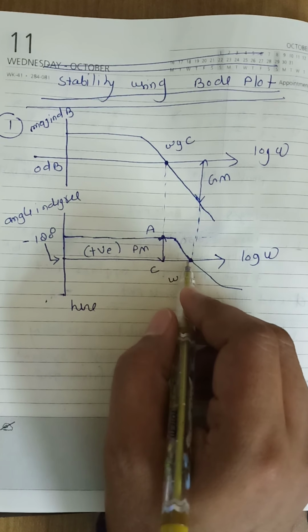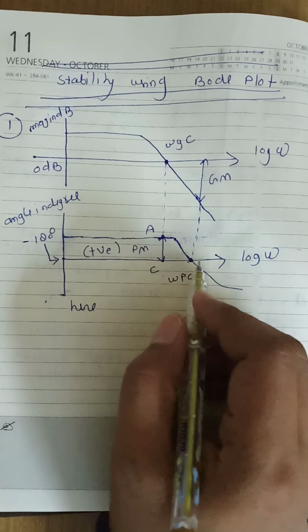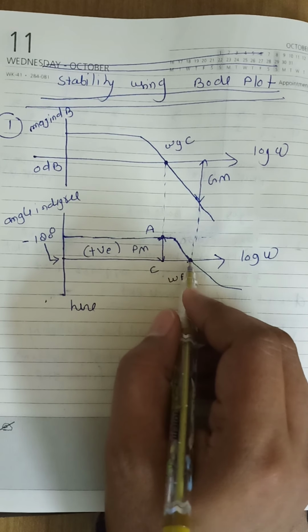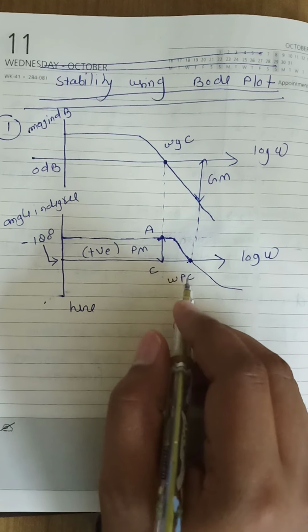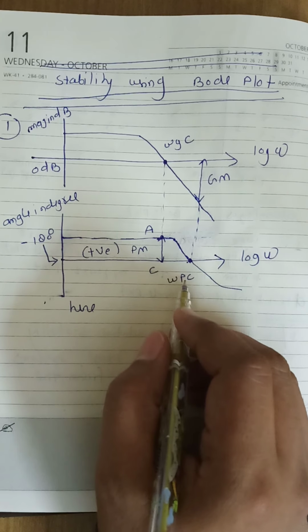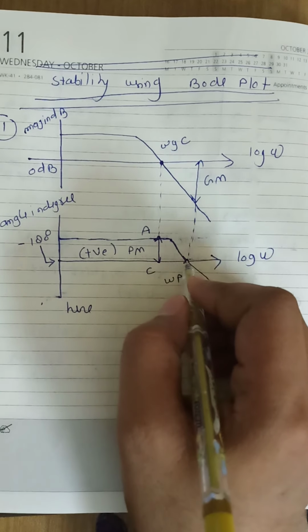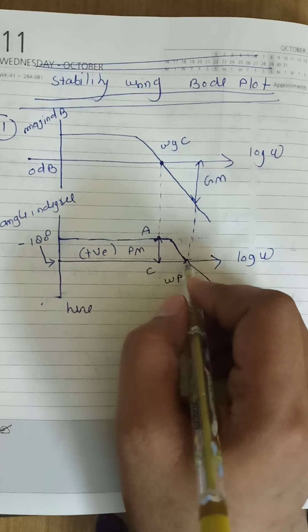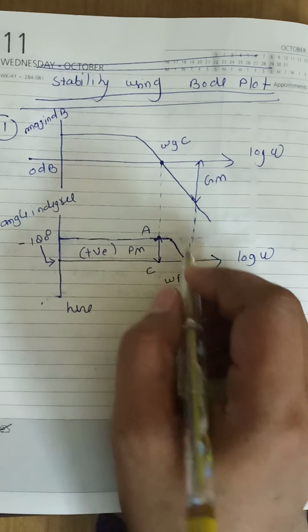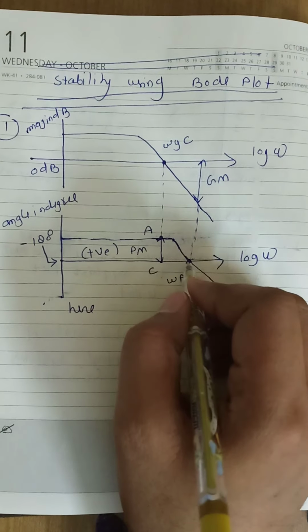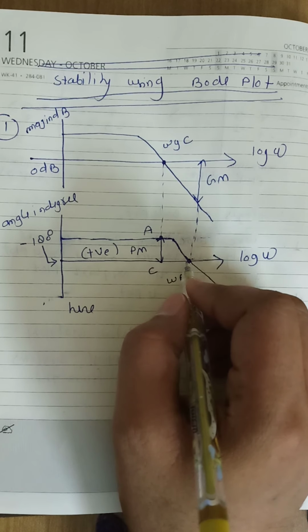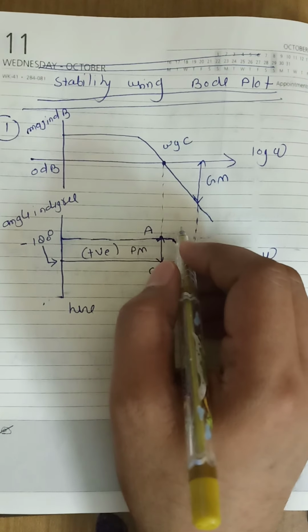This is the phase crossover point, and the frequency at that point is the phase crossover frequency. After that, we will draw a vertical line from the phase crossover point on the magnitude plot till it intersects the magnitude plot.